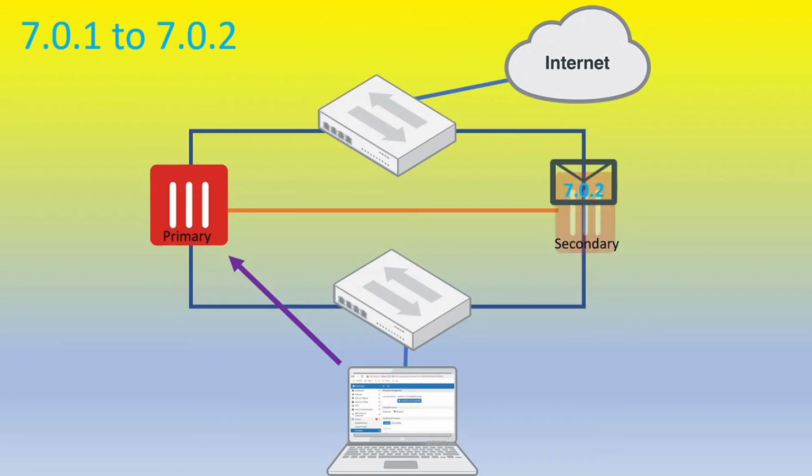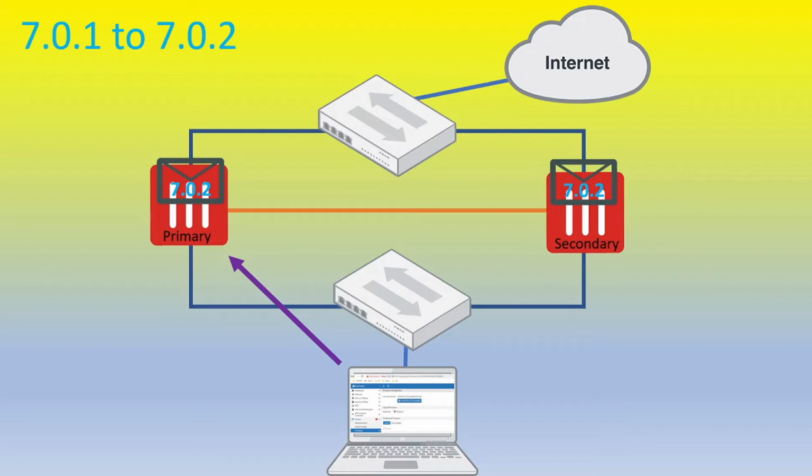The secondary unit is going to install the firmware, upgrade itself, and go through a reboot. Once it's completed, it's going to tell the primary unit, okay, I'm done. Now the primary unit is going to upgrade itself to 7.0.2, and it's going to follow the exact same process. It installs the firmware, it upgrades itself.